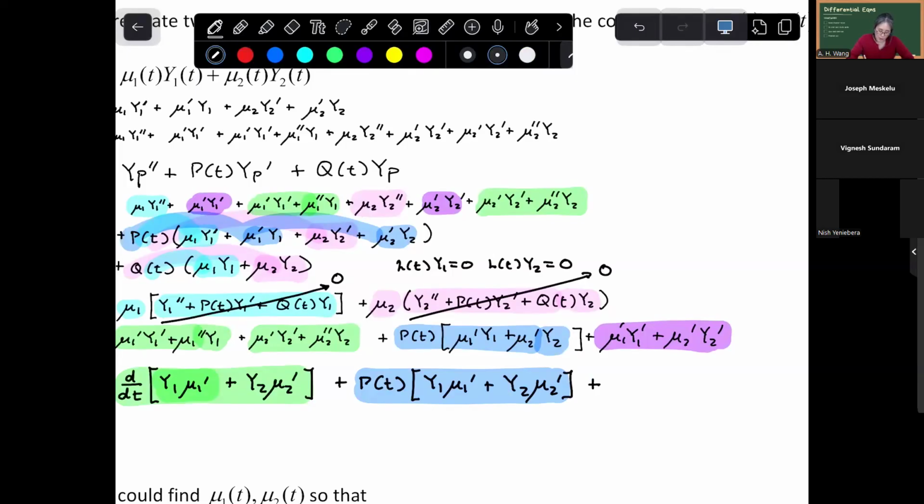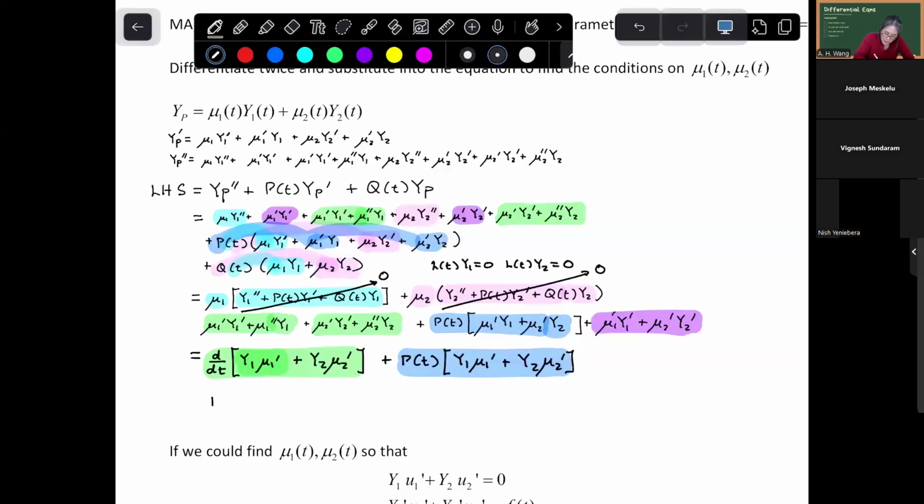Maybe I'll write the purple down here. I'm just going to recopy it, but putting the y's first. So it didn't change anything. All I did was recopy it, but I wrote the y's first. So I just rewrite it like this, okay? And so there we go.